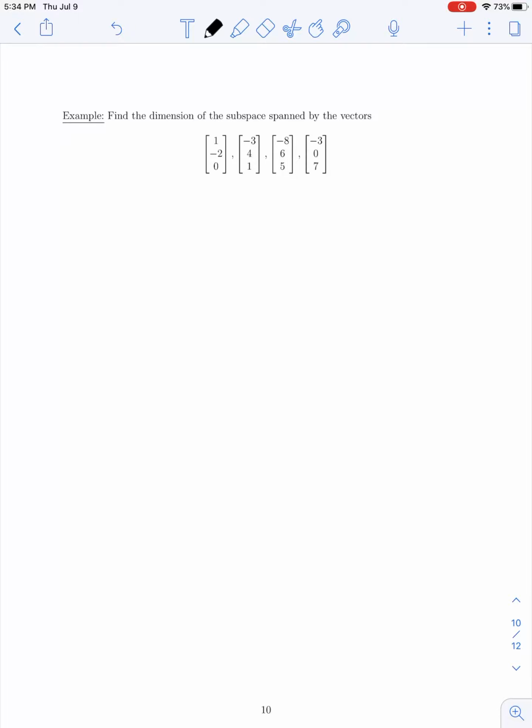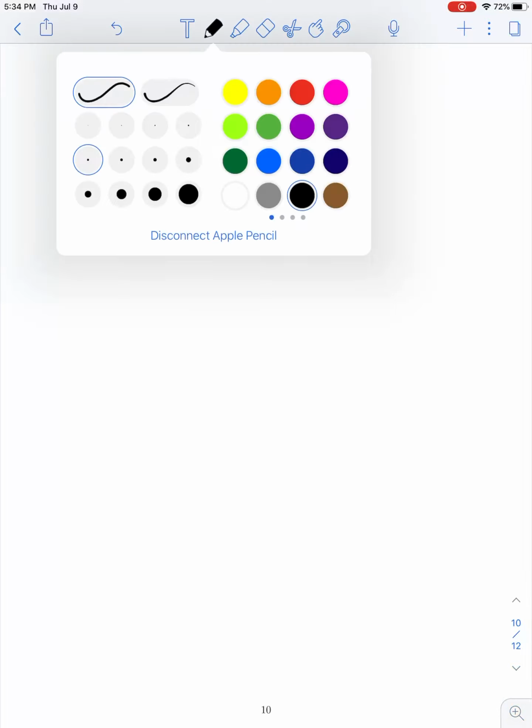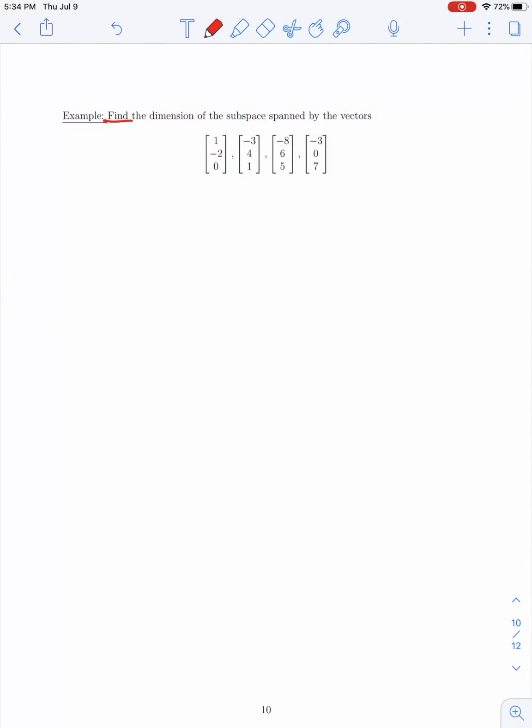So in our next example, we have a similar problem where we are asked to find the dimension of the subspace, which is being spanned by the following vectors. So we could name these vectors maybe V1 through V4.